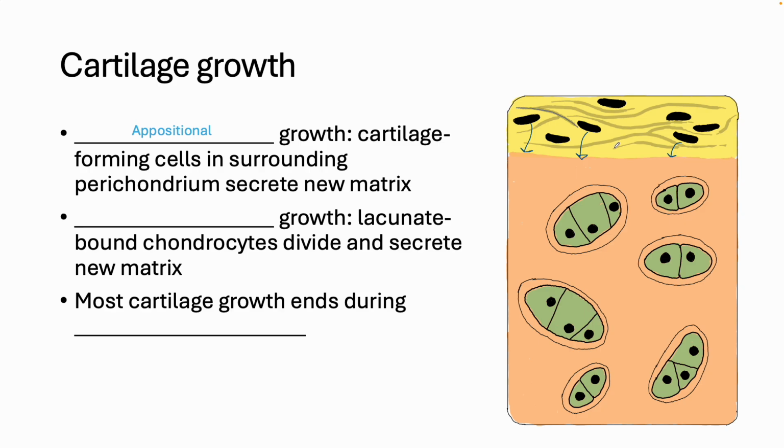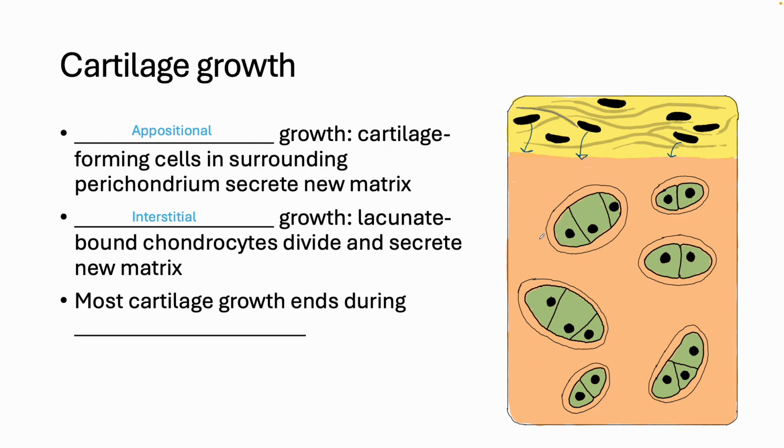So these cartilage forming cells, I called them chondrocytes, I shouldn't have done that, but these cartilage forming cells are going to be secreting the new matrix. And then the other type of growth is your interstitial growth. So these are going to be lacuna bound.